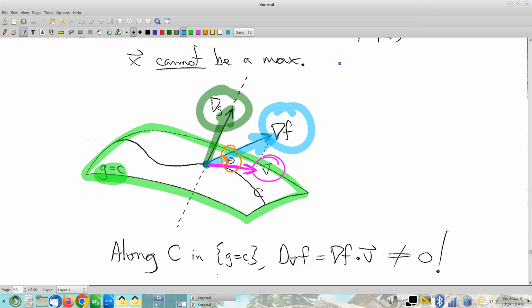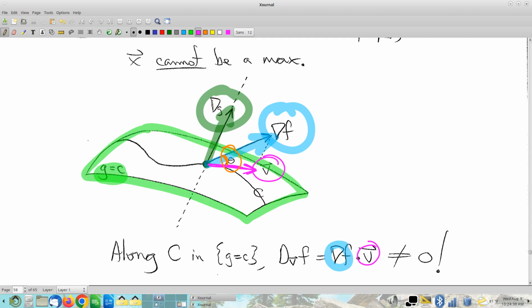Let's see here. So gradient of f is that blue vector. I'm going to be dotting that with v. I wanted that in purple. Dotting that with v, that's my velocity vector.